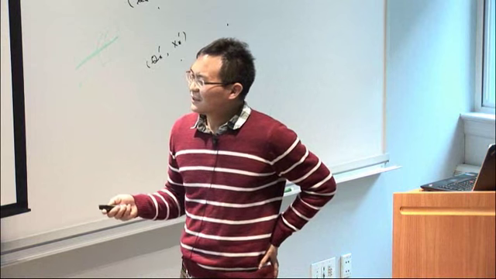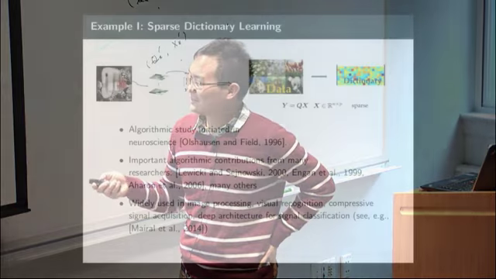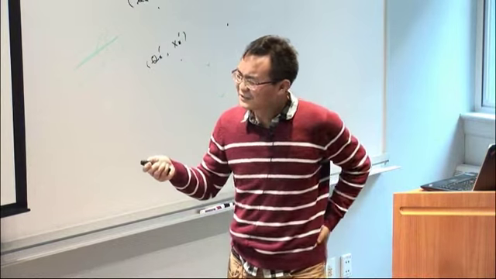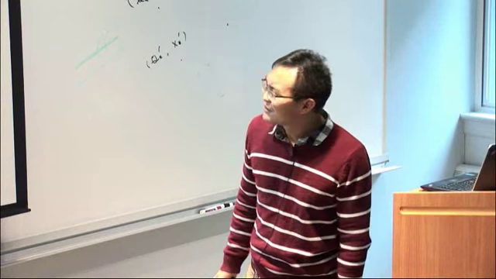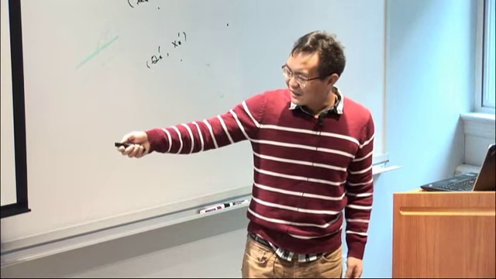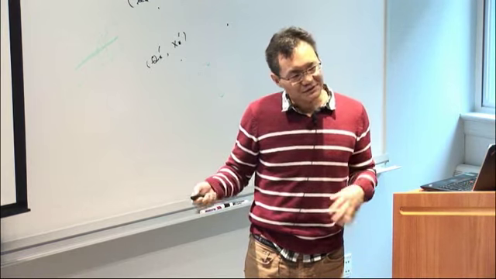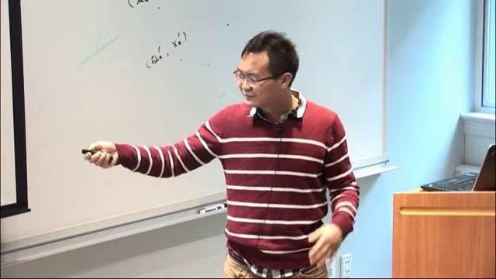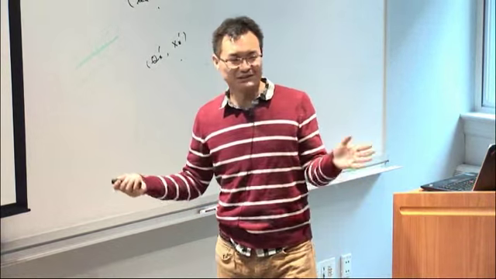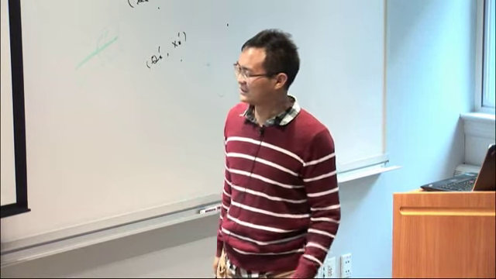The landmark paper in this area was actually published two decades ago in Nature, I think by some neuroscientists. Inspired by this paper, there has been a lot of algorithm development in the past two decades, maybe even at least 100 papers on that.